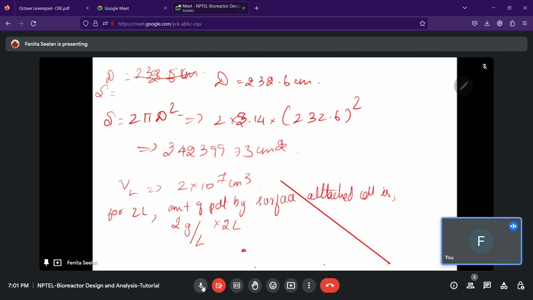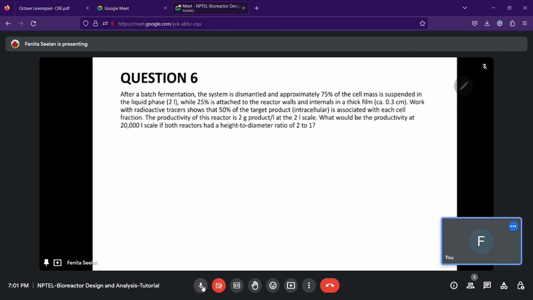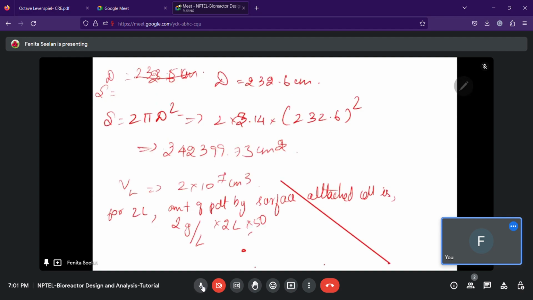How much is it for your 738 centimeter square of surface area.